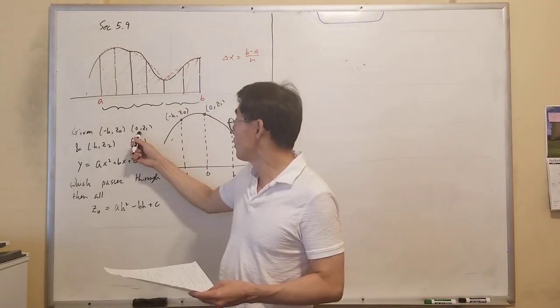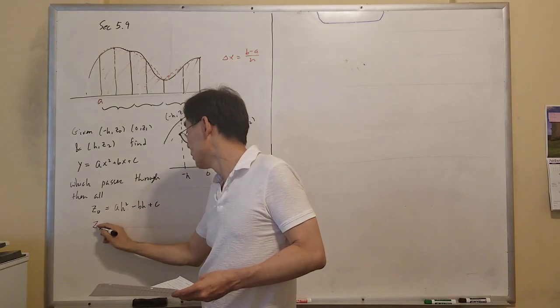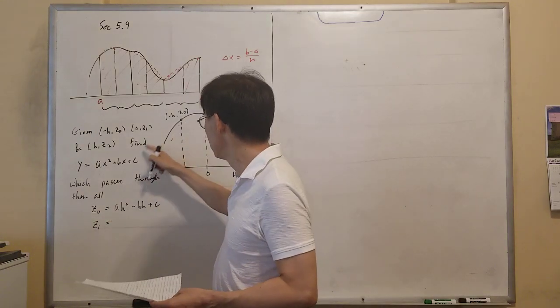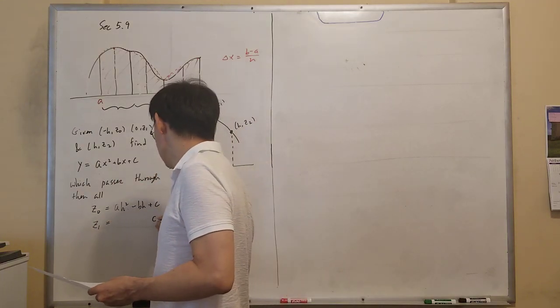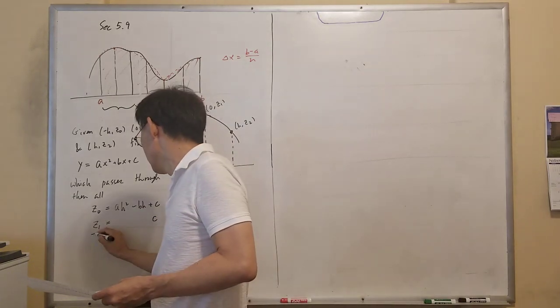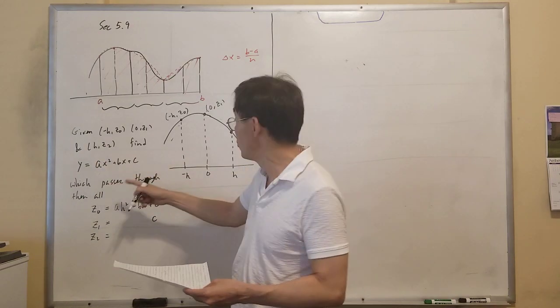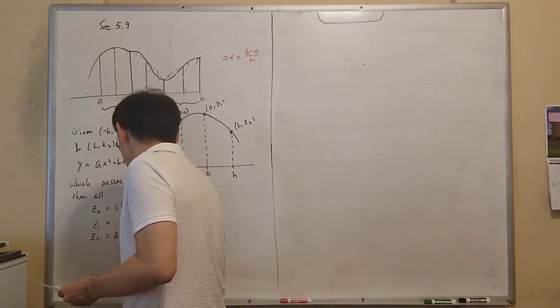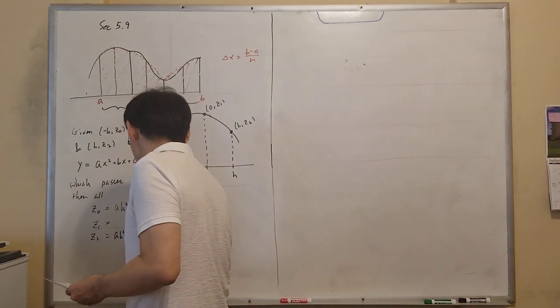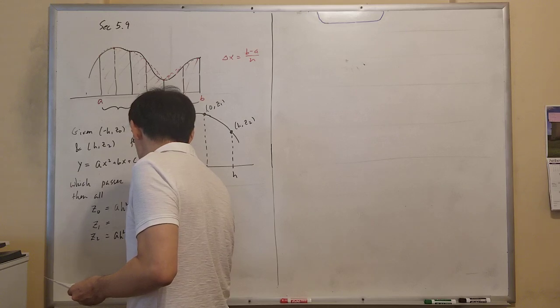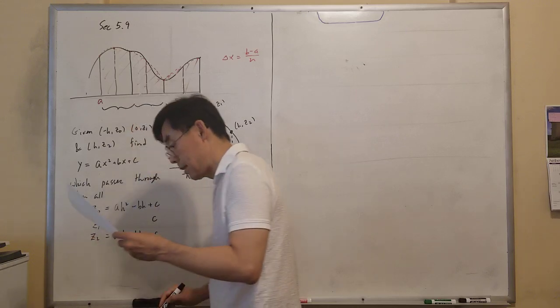Then x equals 0, y equals z1: x equals 0, all zero, only c. z2 equals, when x equals h, ah squared plus bh plus c.